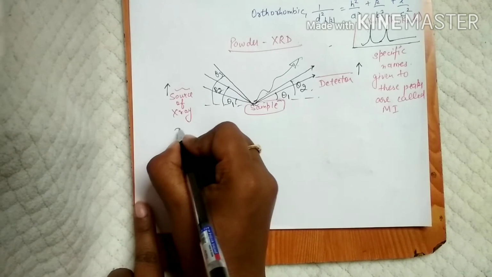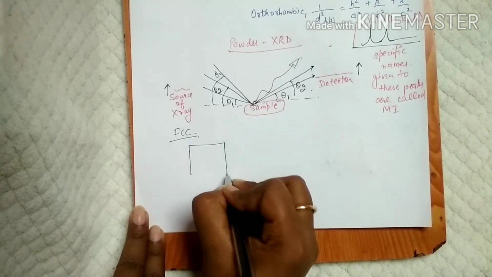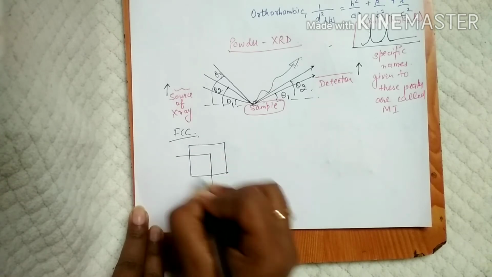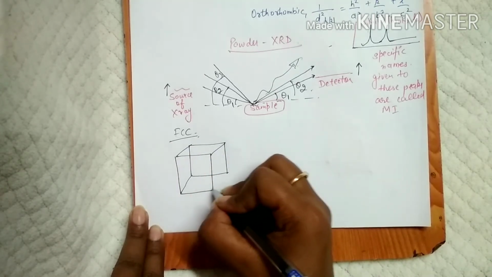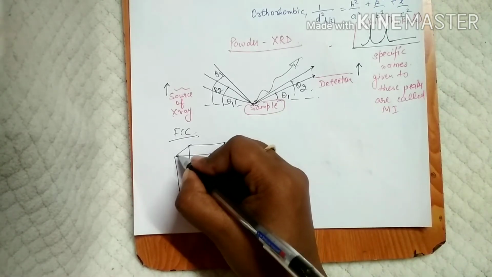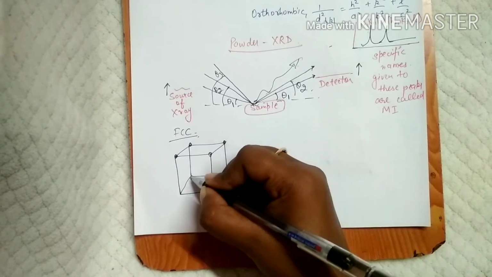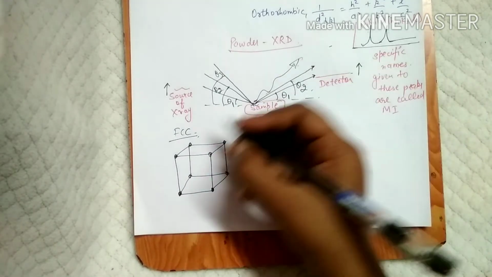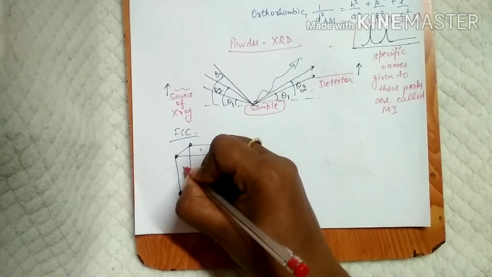Suppose we are taking an FCC arrangement. This FCC arrangement will be having atoms present at corners, and also atoms present at each face center.